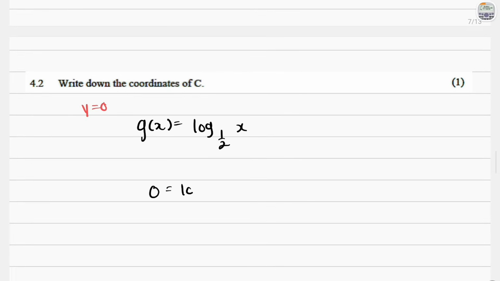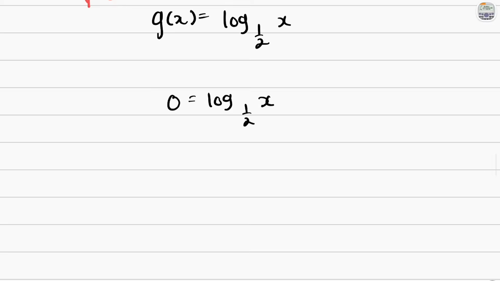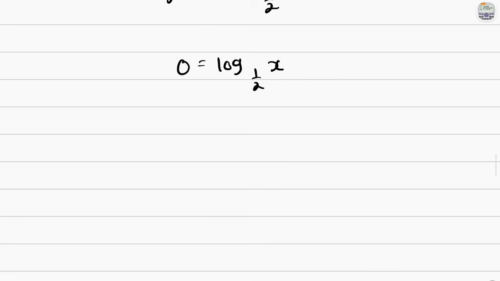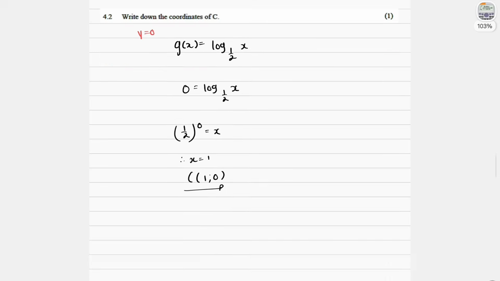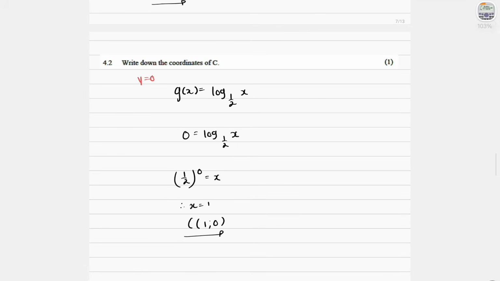So 0 equals log of x to the base of 1 over 2, and then just rewrite in exponential form to solve for this. So this would mean that we have 1 over 2 to the power of, this is our exponent, 0 is equal to x, and anything to the power of 0 is 1. So therefore, we can see that C is simply 1 and 0, and that is our answer. Moving on to the next question.